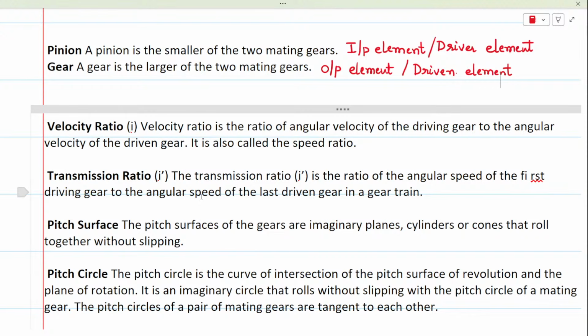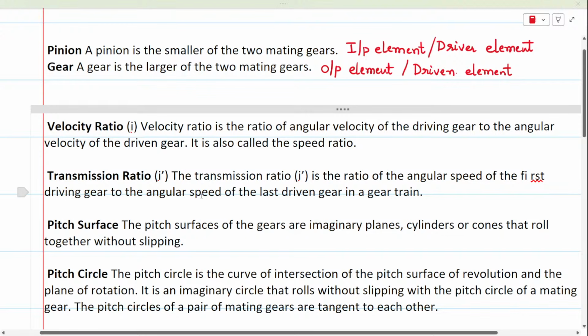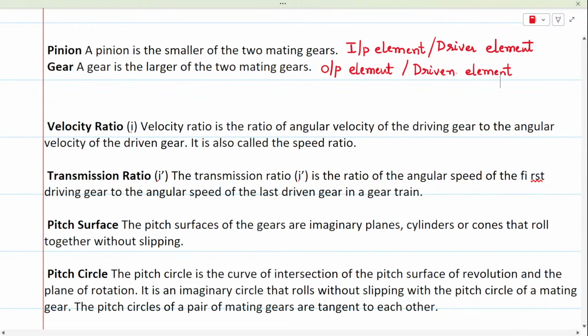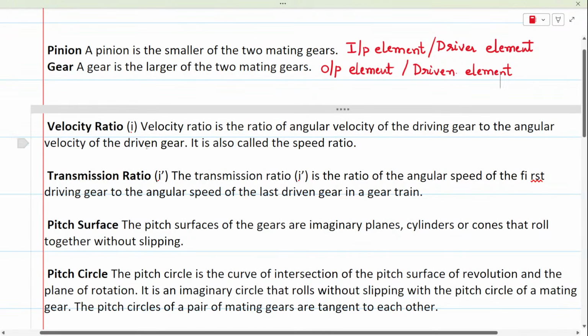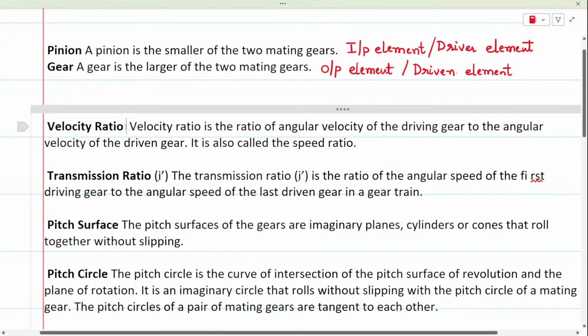So bicycle is a manually powered machine, but if you deal with an electric powered machine, then you are supposed to take pinion as an input element and gear as an output element. That's where you are supposed to follow a protocol. Okay.